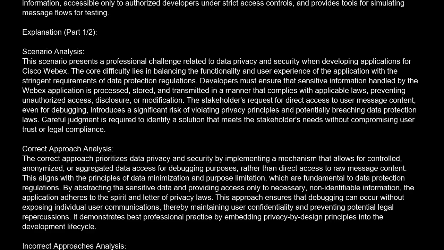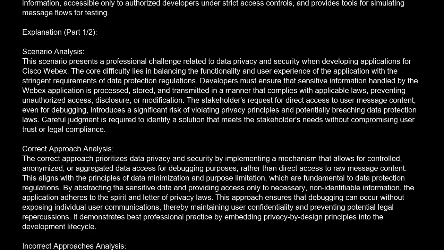Correct approach analysis. The correct approach prioritizes data privacy and security by implementing a mechanism that allows for controlled, anonymized, or aggregated data access for debugging purposes, rather than direct access to raw message content. This aligns with the principles of data minimization and purpose limitation, which are fundamental to data protection regulations.